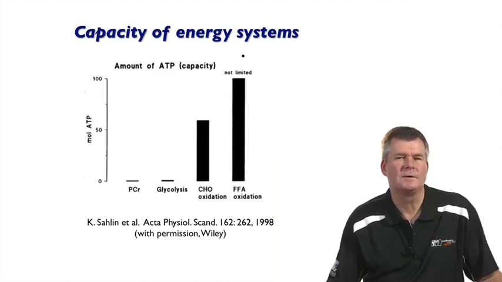In contrast, the major energy store in the body is fat. And even in the leanest of endurance athletes, they have more than enough fat to keep them going effectively indefinitely, provided they continue to maintain adequate nutrition, of course. So the capacity of the system is inversely related to the power.